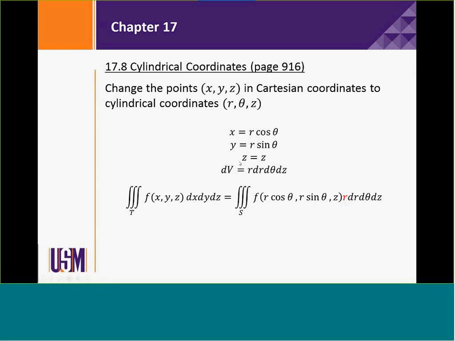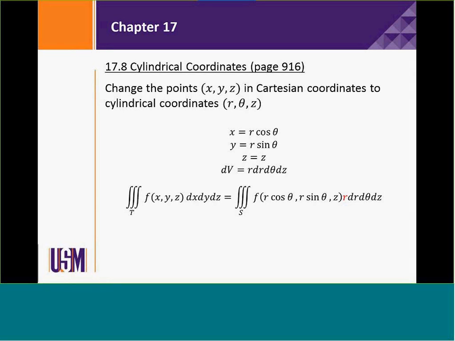Please be careful: when we do the transformation from x, y, z to r, theta, z, dx dy dz is equivalent to r dr d theta dz. There is an r here. In the last section, the Jacobian, we will show why there is an r, because of the Jacobian.